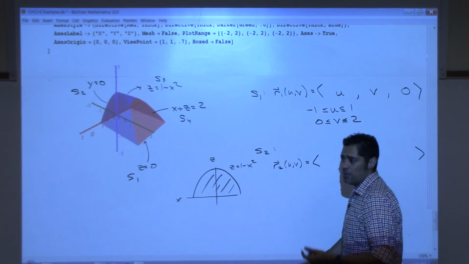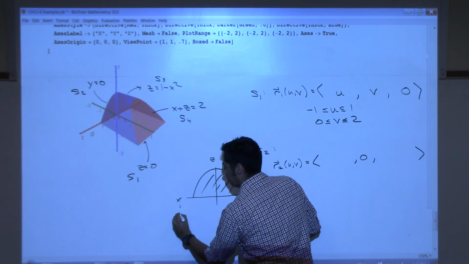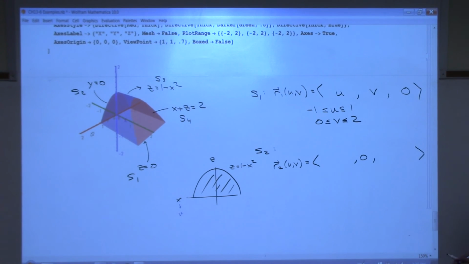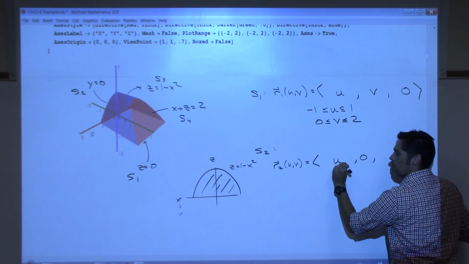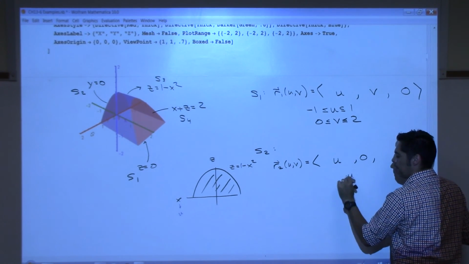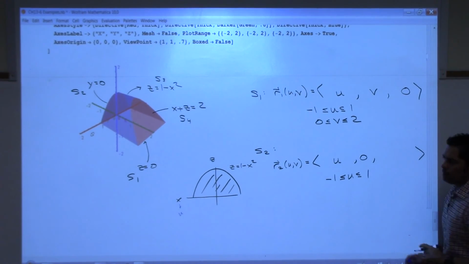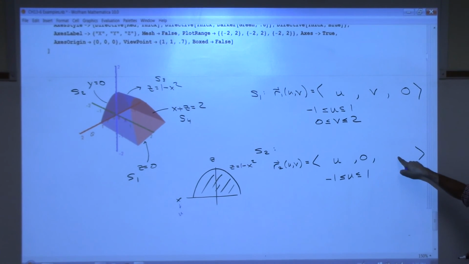Let's switch our x to be the u. So I'm going to let my u vary between where and where? -1 and 1. What about my z coordinate? What am I going to put here?